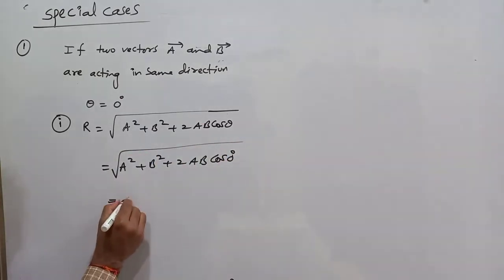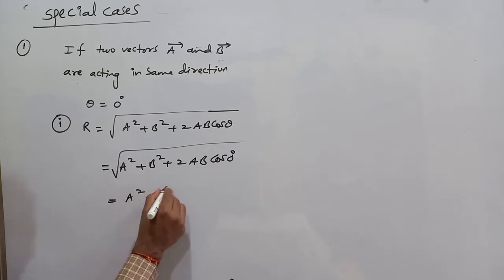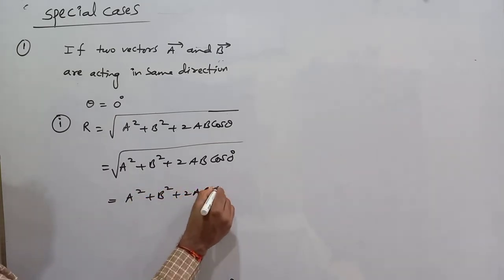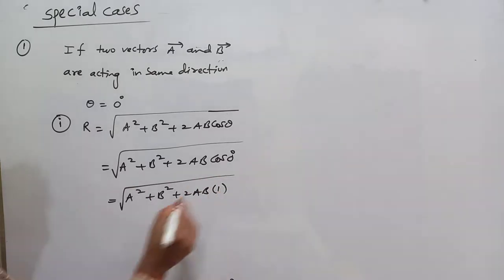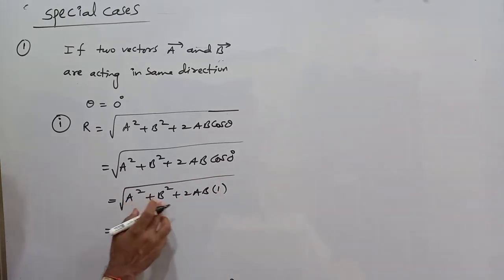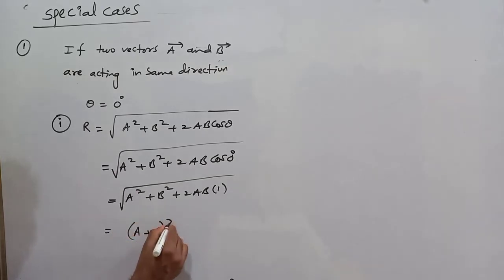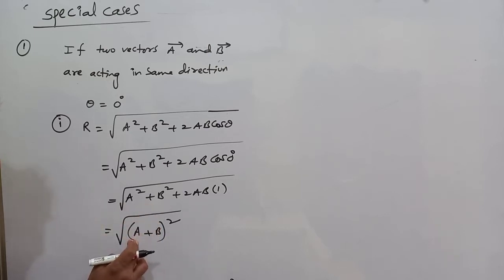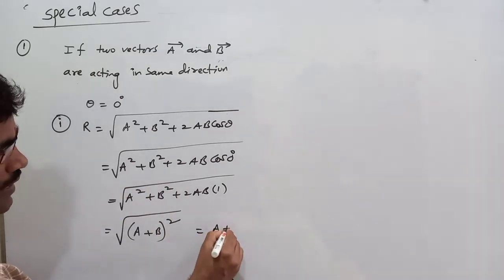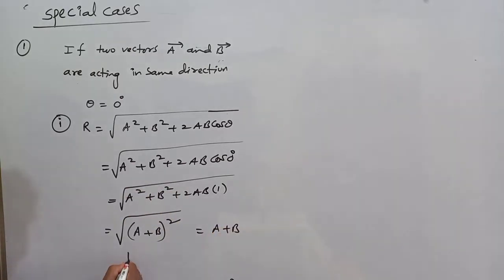So R is the root of A square plus B square plus 2AB, which is A plus B whole square under root. Root is nothing but power 1 by 2, so A plus B whole square to the power 1 by 2 is equal to A plus B. So R is equal to A plus B.